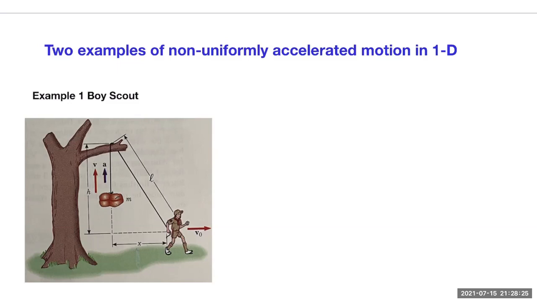As the Boy Scout walks forward horizontally at a speed v0, the speed of the package going up is not the same as v0. The reason the package goes up is that he is pulling on the string, so he is lengthening the part which is labeled L. Okay, so L increases, right?